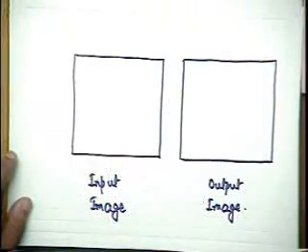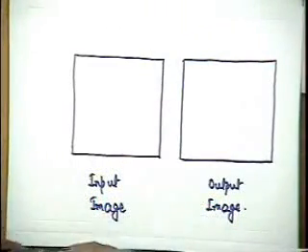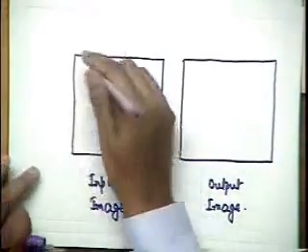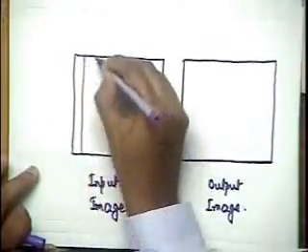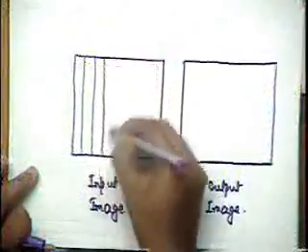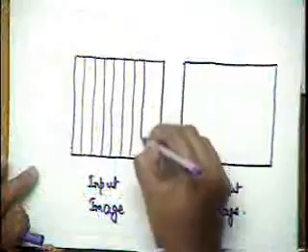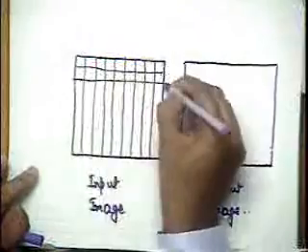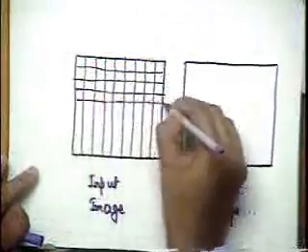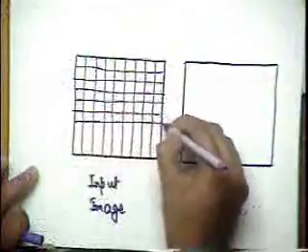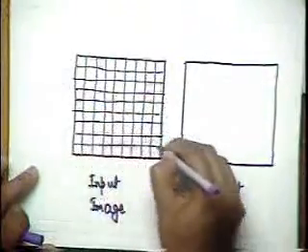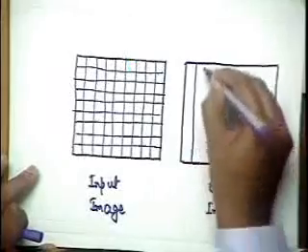In case the grids are not very clearly visible to you, let me highlight the grids. And for the output image also, we are going to have exactly similar grids.